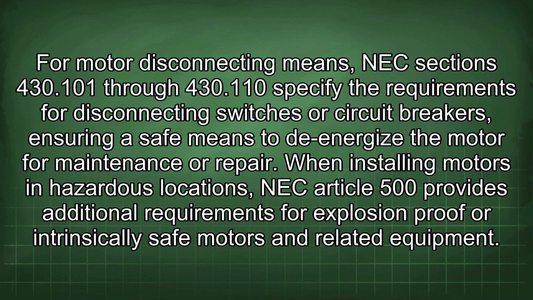For motor disconnecting means, NEC Sections 430.101 through 430.110 specify the requirements for disconnecting switches or circuit breakers, ensuring a safe means to de-energize the motor for maintenance or repair. When installing motors in hazardous locations, NEC Article 500 provides additional requirements for explosion-proof or intrinsically safe motors and related equipment.